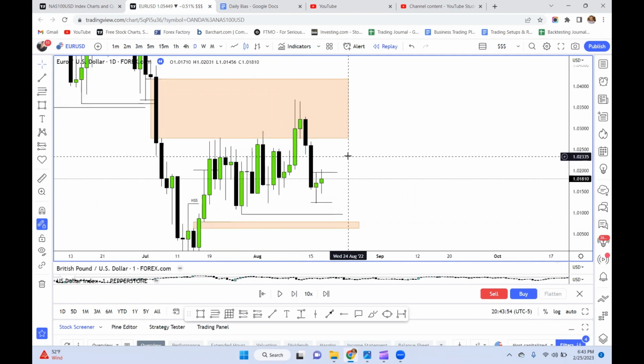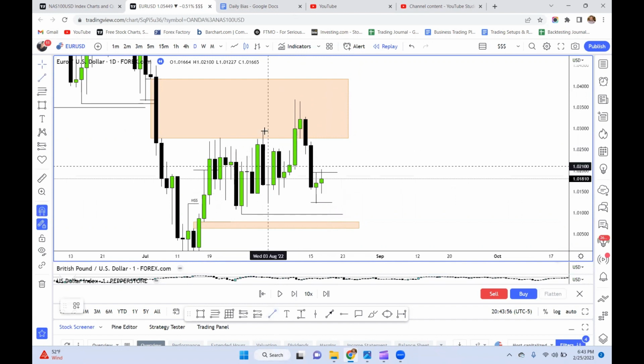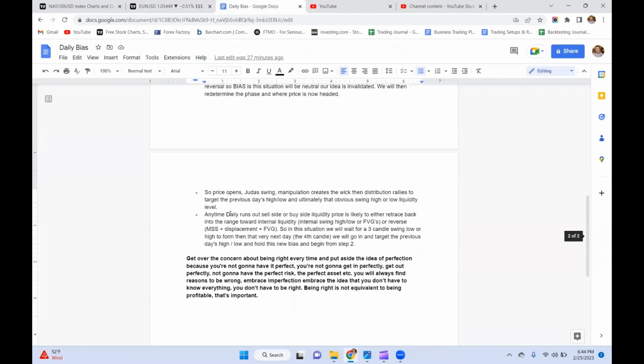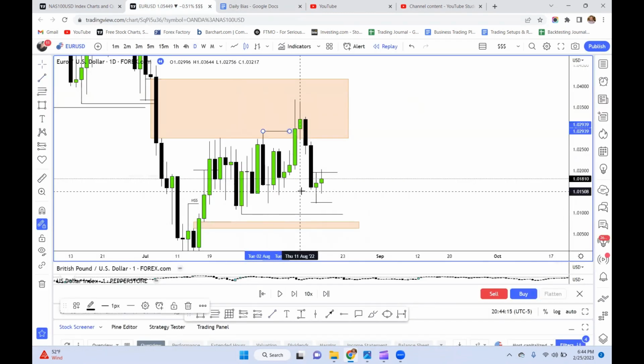Well, as I recognize right now, whenever price took out this, price didn't enter a retracement phase. Again, remember, anytime daily runs out sell side or buy side liquidity, it's likely to either retrace back into the range or reverse. So in this situation, price could have retraced back into the range here.